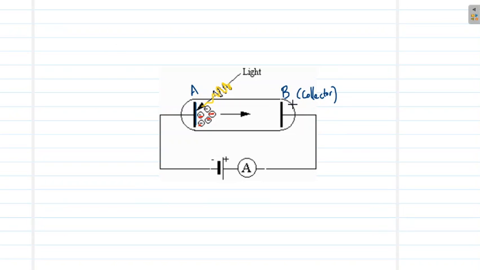But since here we have a B plate which is at a positive potential, it will be attracting the electrons to that plate. So the electrons will be reaching the collector plate and will be moving towards the cell, constituting a current called photoelectric current. So as you can see, if light is allowed to fall on a photosensitive metal, then current is produced due to the photoelectric effect.